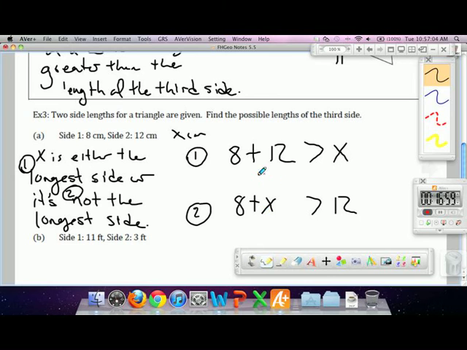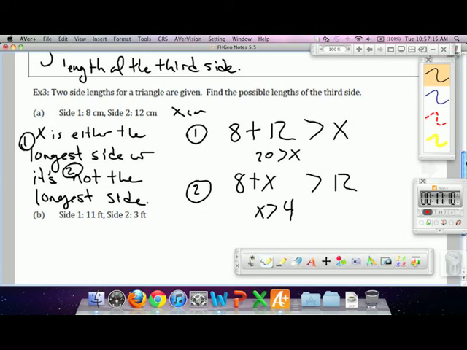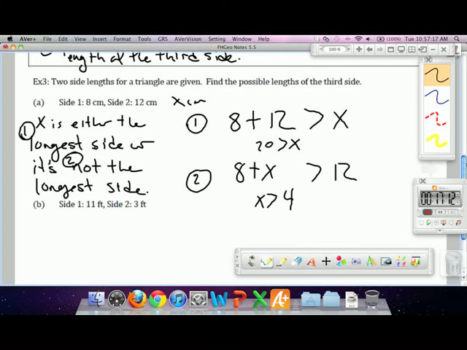So it can't be bigger than... We solve each of these inequalities, so you get 20 is bigger than x, or x is less than 20. X has got to be bigger than 4. As a compound inequality from your days of Algebra 1, x is greater than 4 but less than 20 would be 4 is less than x is less than 20.